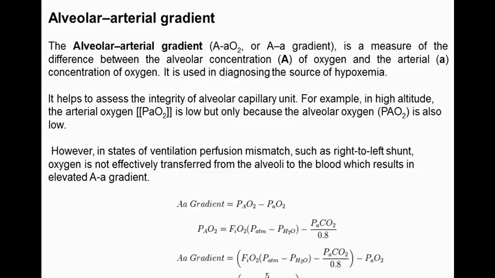Just understand this and you will excel. So if the patient has hypoventilation, the alveolar pressure will be lesser, and the arterial PO2 also will be lesser because the alveolar decreased, so the gradient decreased. Is it clear?